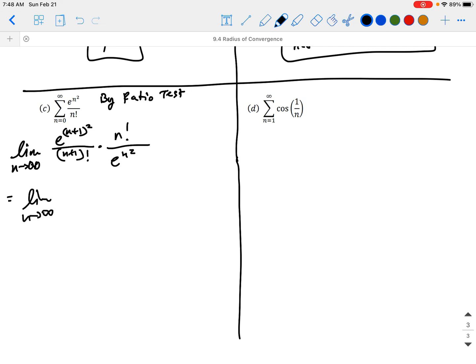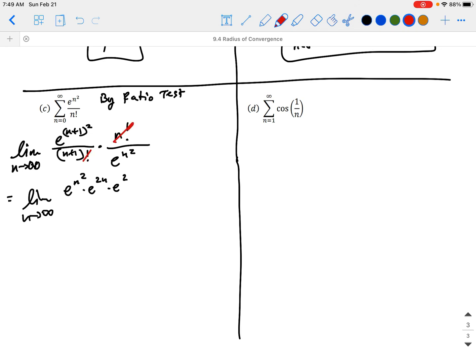So we'll get the limit as n goes to infinity. So we'll have e to the 2n times e squared. Let's put the squared term in front. So e to the n squared times e to the 2n times e squared.